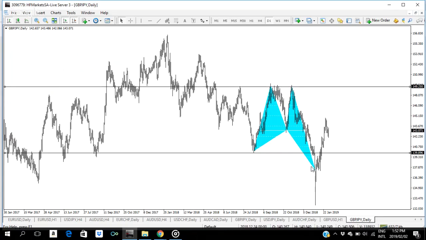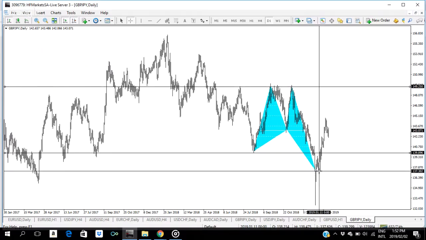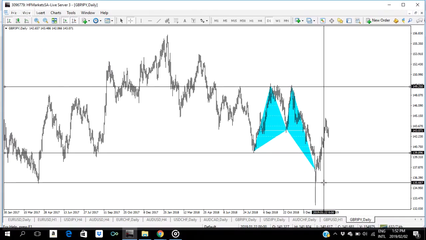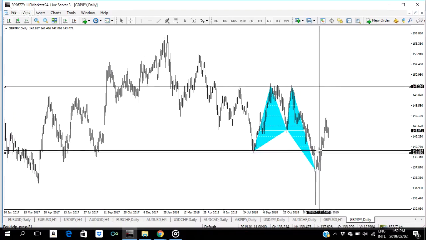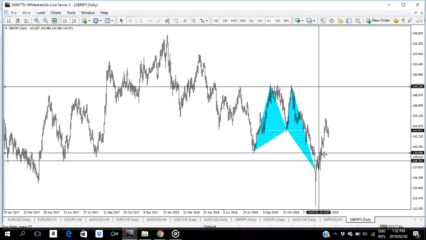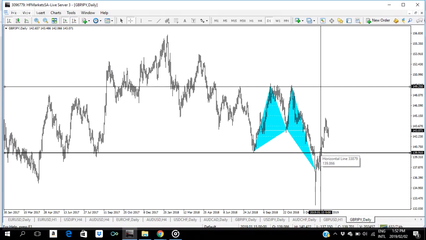As you can see, you could have entered, but I wouldn't have advised you to enter there because anything can happen. The market would have either gone down to this price from here to here and then started retracing, which you would have lost a lot, or you would have simply waited until price broke the major support and it kept on going up.